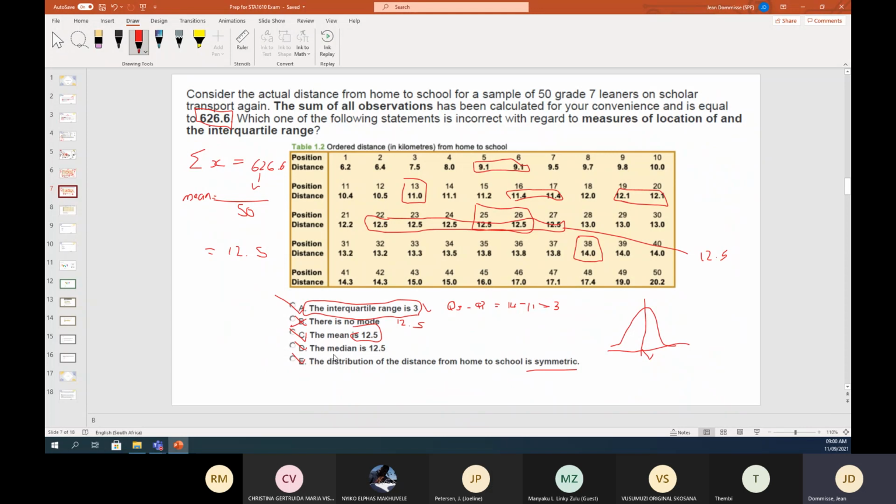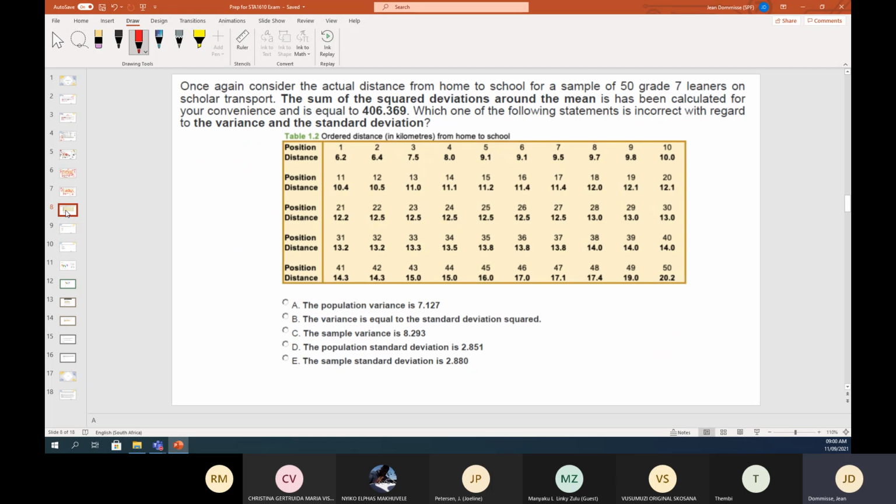So then obviously the next one is variance and standard deviation, and that is what they do. They ask you population variance, sample variance, population standard deviation, sample standard deviation. Okay, so those are the things that they ask us.